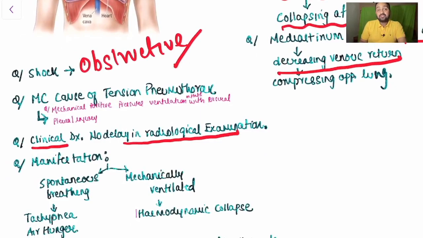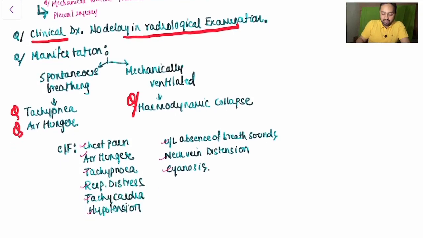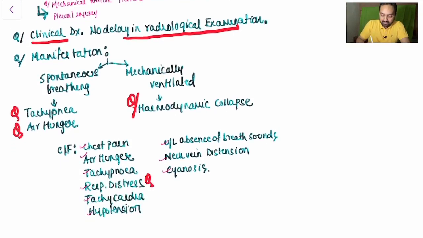Regarding the manifestations of tension pneumothorax, if your patient is mechanically ventilated, it would present with hemodynamic collapse. If the patient is breathing spontaneously, it would present with tachypnea, air hunger, respiratory distress, tachycardia, hypotension. So these were the clinical key features that were given in your question, leading to your diagnosis of tension pneumothorax.